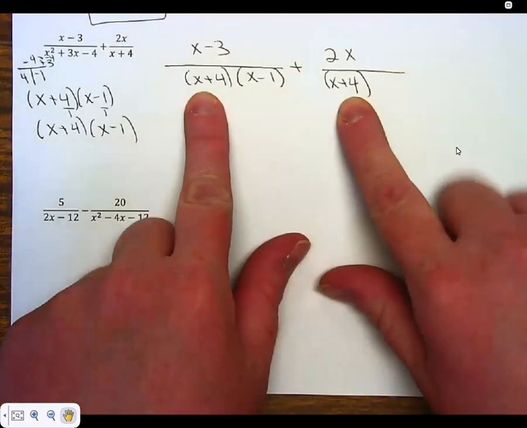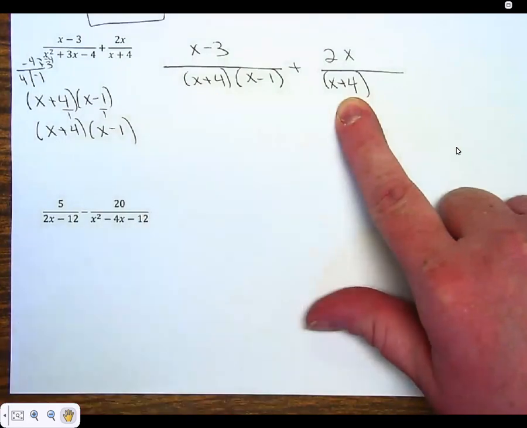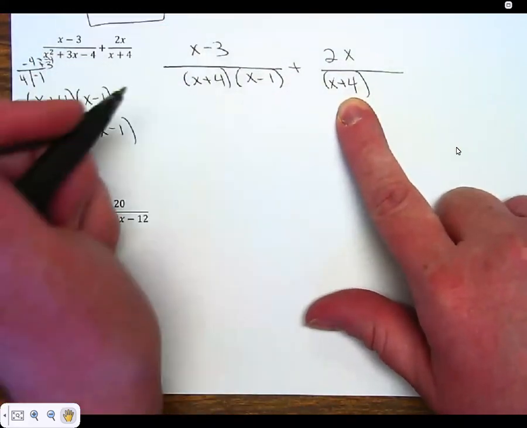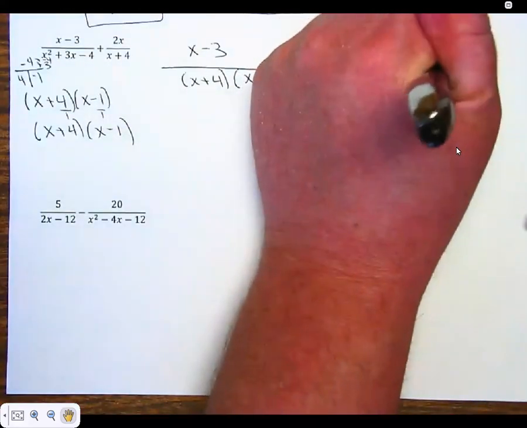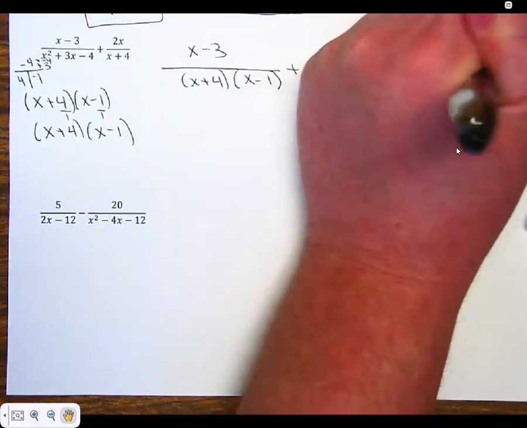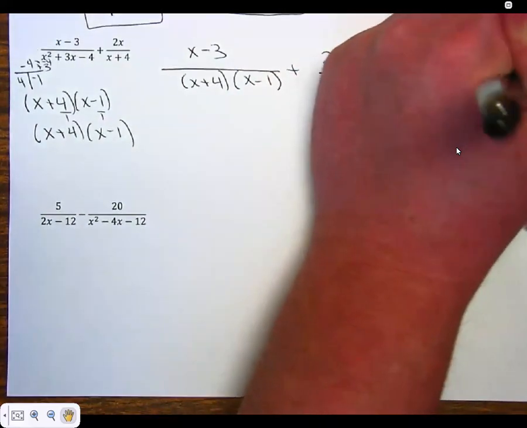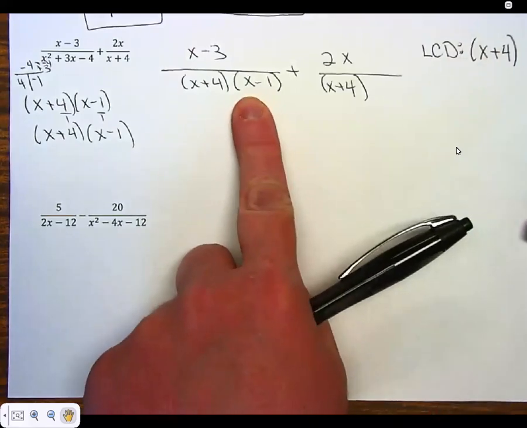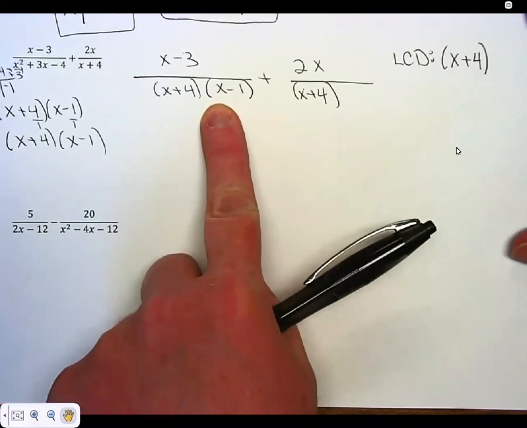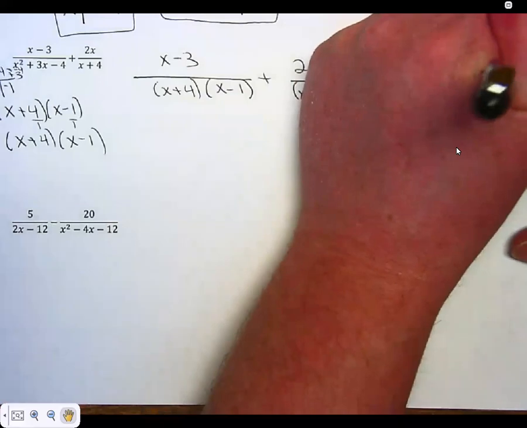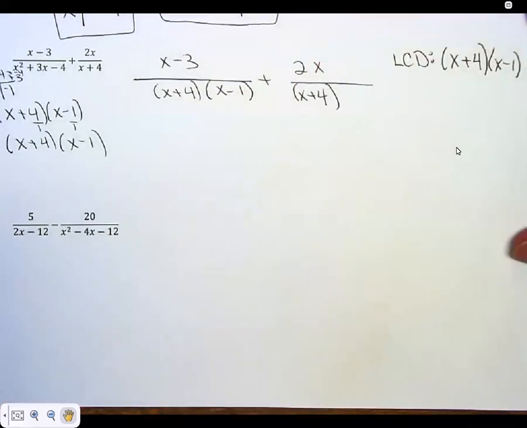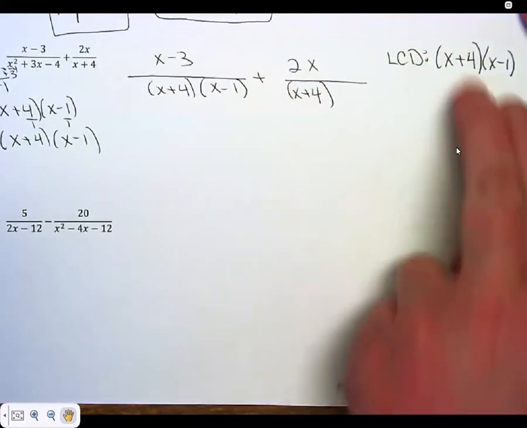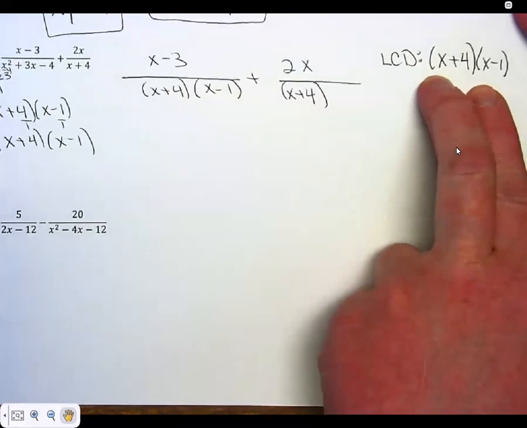So they both have an x plus 4, so that needs to be part of your lowest common denominator. This one also has an x minus 1. Scoot this over. So that also needs to be part of your lowest common denominator. Okay, so then this right here is your lowest common denominator.